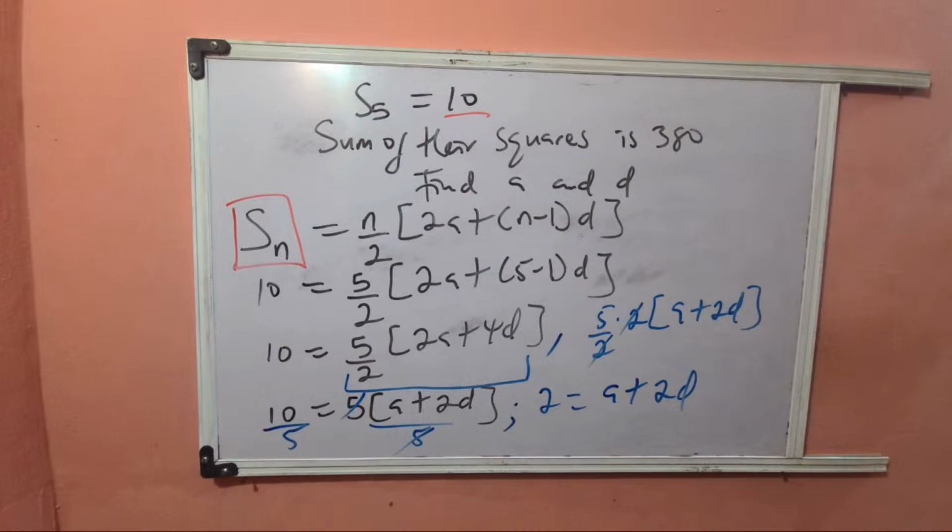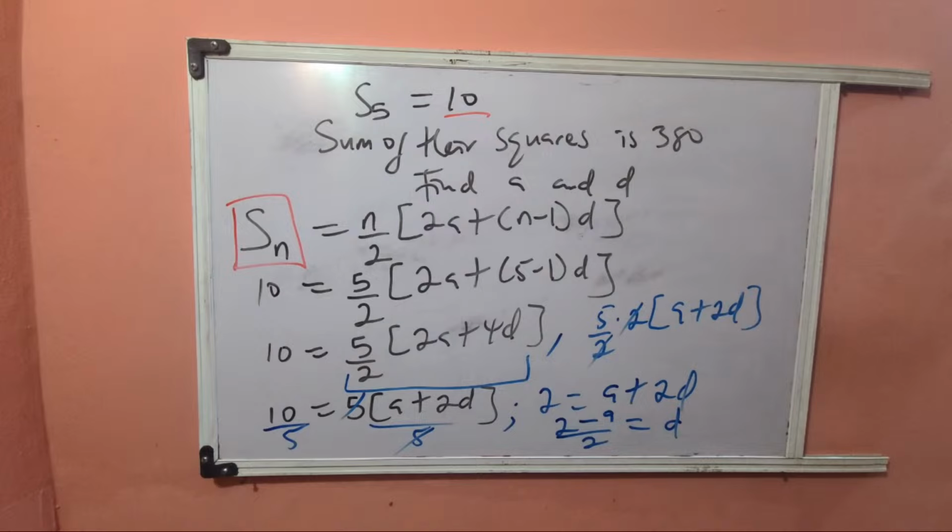From here, I can have my d as (2 minus a) over 2. You move 2 here, you move a here, you'll have 2 minus a equals 2d. Divide both sides by 2, and you will have (2 minus a) over 2 equals d.